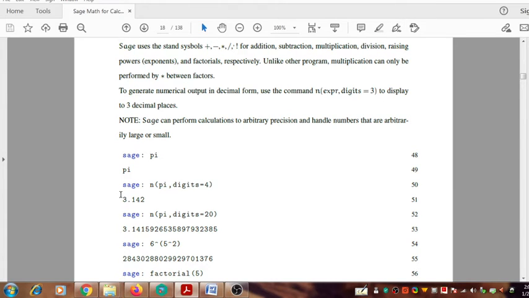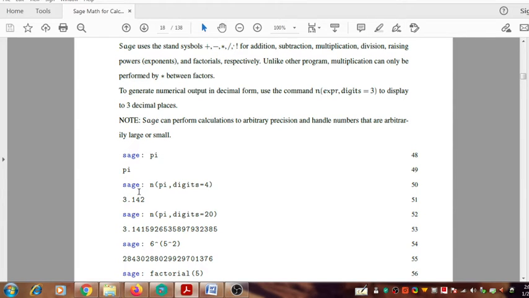With a specified number of decimal places we approximate the number pi, or any irrational number like pi, and it's more convenient to use that kind of approximation in SageMath.